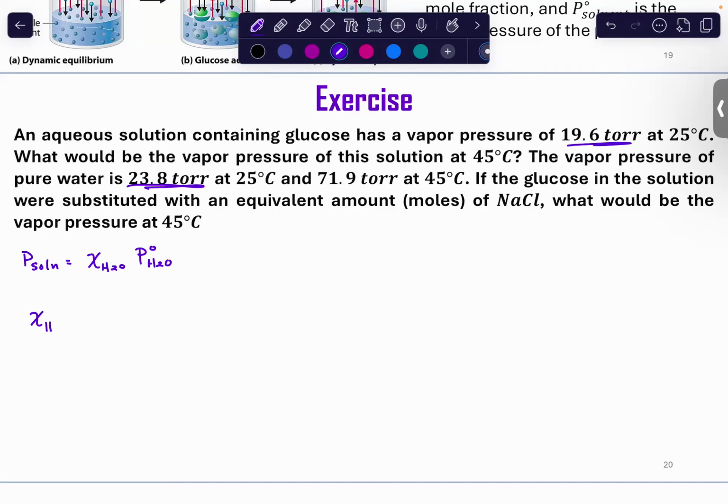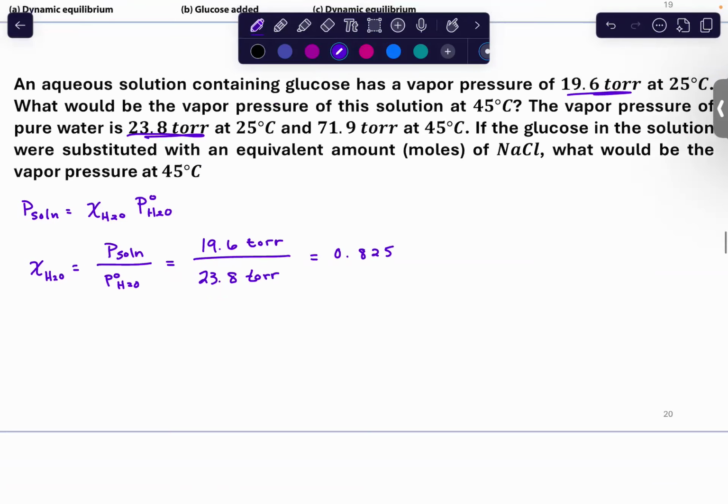So our mole fraction is going to be the vapor pressure of the solution at 25 Celsius, our 19.6 torr, over our 23.8. So our mole fraction is 0.825.